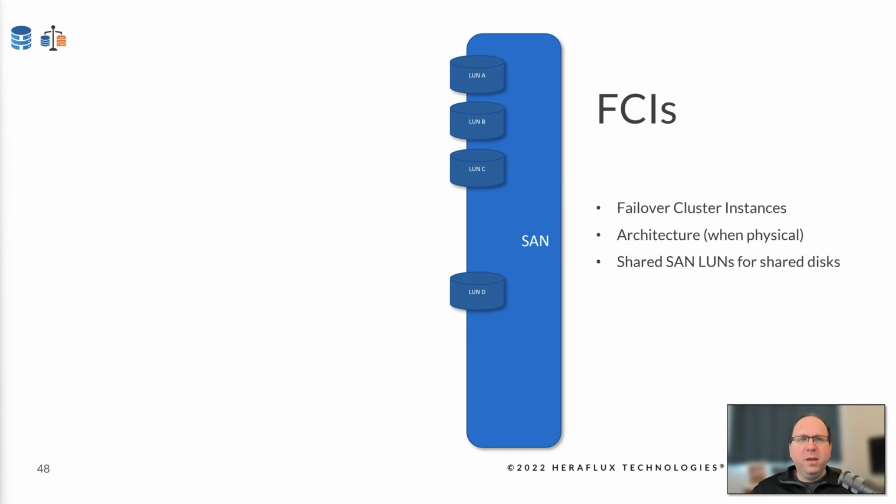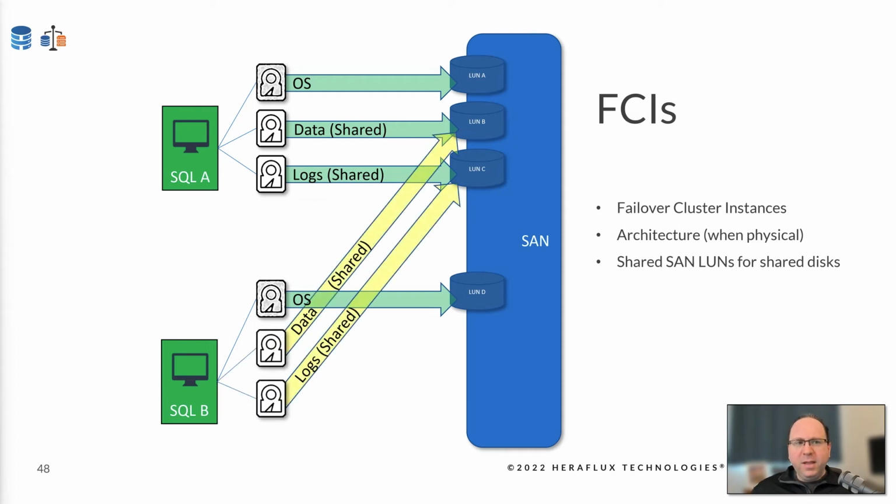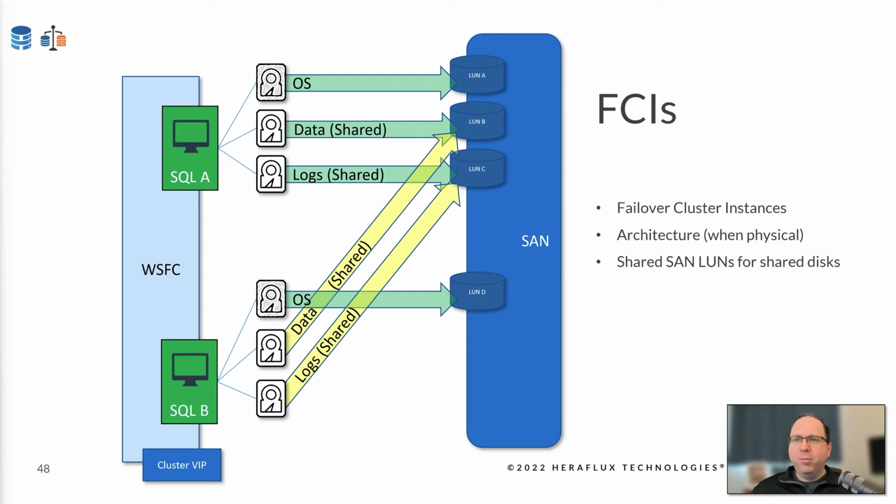If we take a SAN, we've got our LUNs, two SQL servers, we have an operating system. The normal DBA precedent is to split out data, logs, tempdb, those sorts of things on multiple LUNs. The second SQL server then connects, and literally it's sharing that LUN. Now it can see them, but it's more of a primary, secondary sort of architecture.